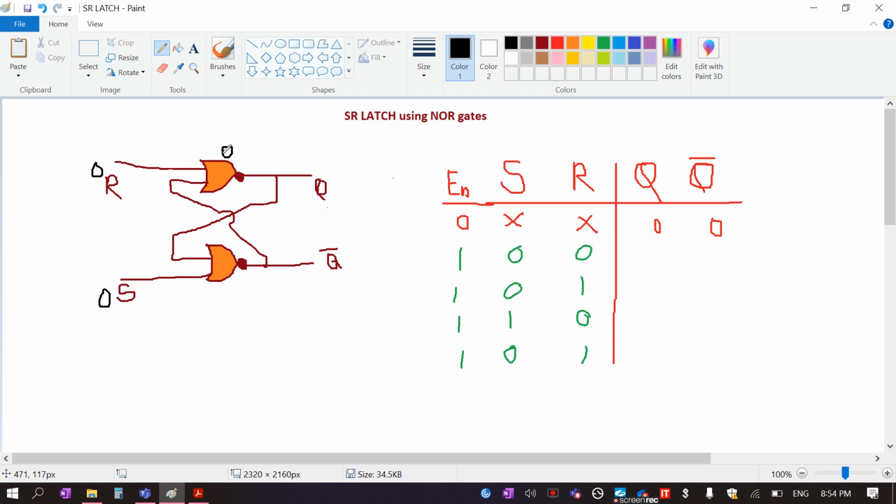This 0 will be populated in this NOR gate. After that there is a NOT gate, right? So if the 0 is populated through the NOT gate, then we'll get 1, right? So again the 1 will be populated over here. So 0, and again through the NOT gate, 1.